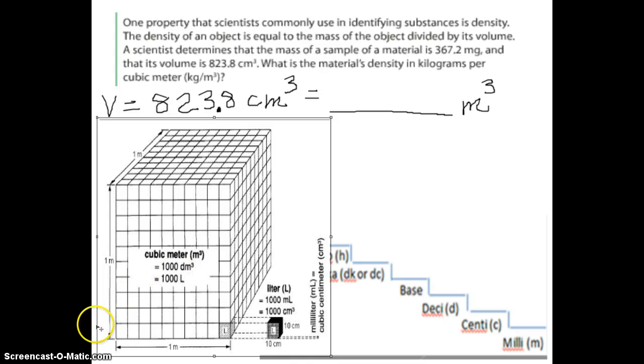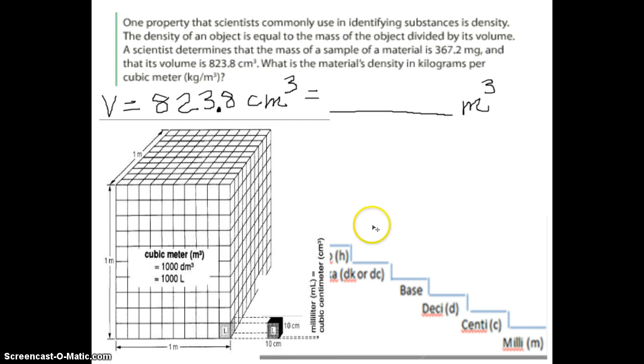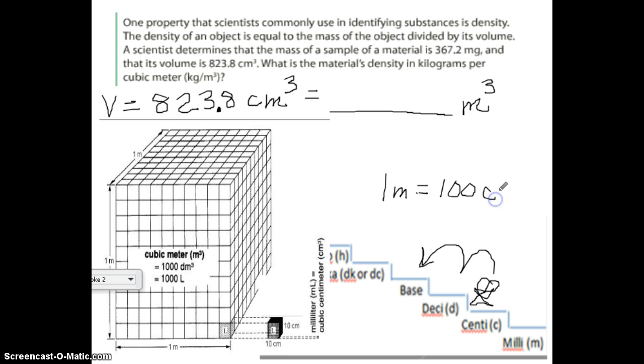We want to go from centimeters to meters. All right, so let's start here at the centimeters, and we are going to go to meters, which is 2 hops to the left. Okay, so 1 meter, as you hopefully remember, equals 100 centimeters.